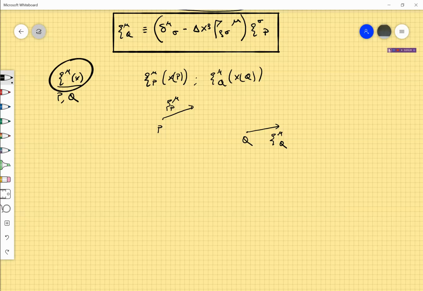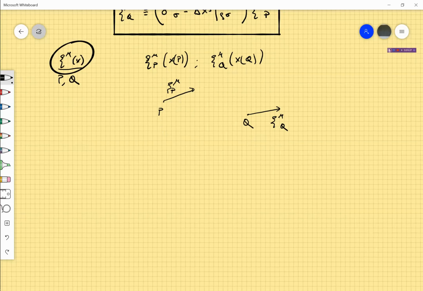In order to do this, I have to subtract psi mu of P from psi mu of Q. But this I can only do if they are vectors really of the same vector space.